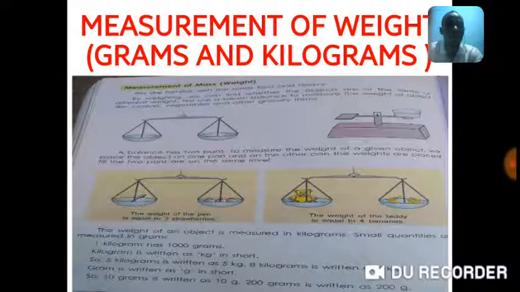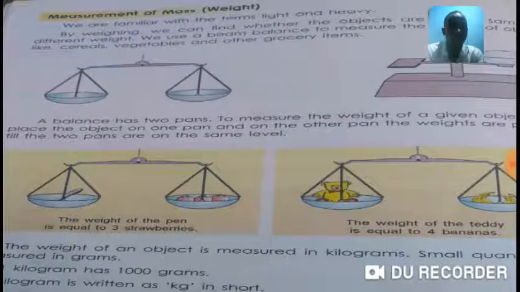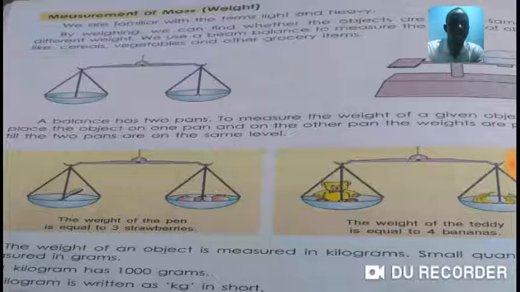Measurement of weight in grams and kilograms. We are familiar with the terms light and heavy. By weighing, we can find whether the objects are the same or different in weight.